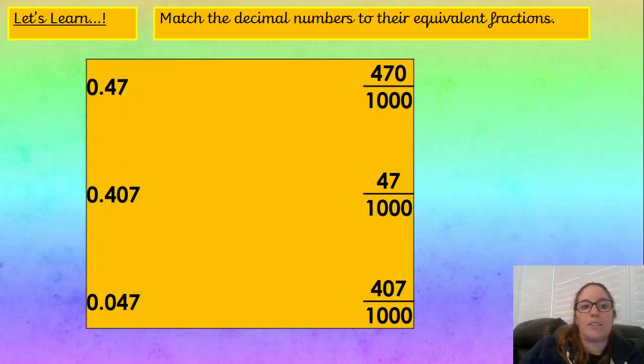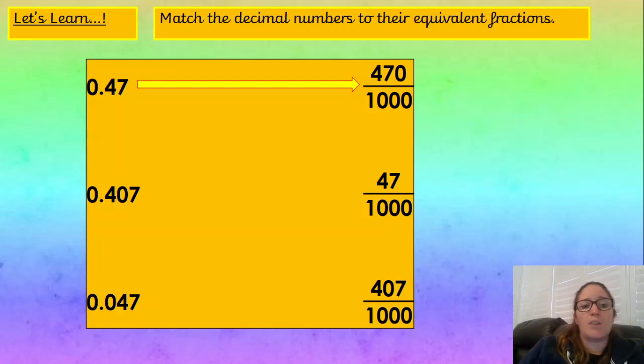Okay, so we've got 0.47. Where's that going to go? Well, it's going to go here because 0.47 is the same as 0.470. So it's 470 over 1,000, 470 thousandths.